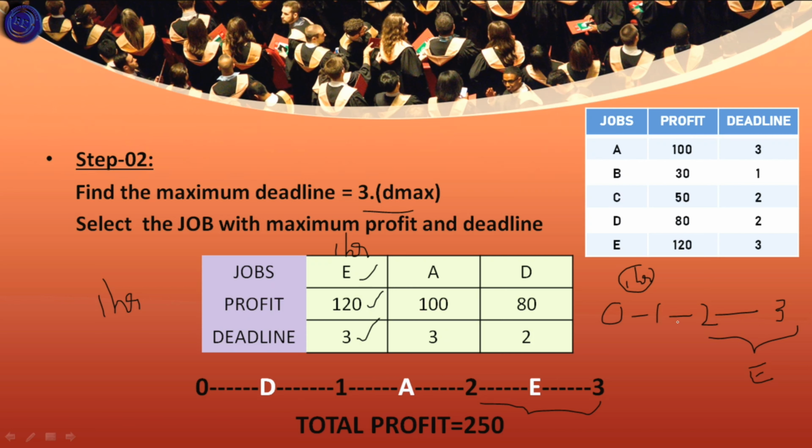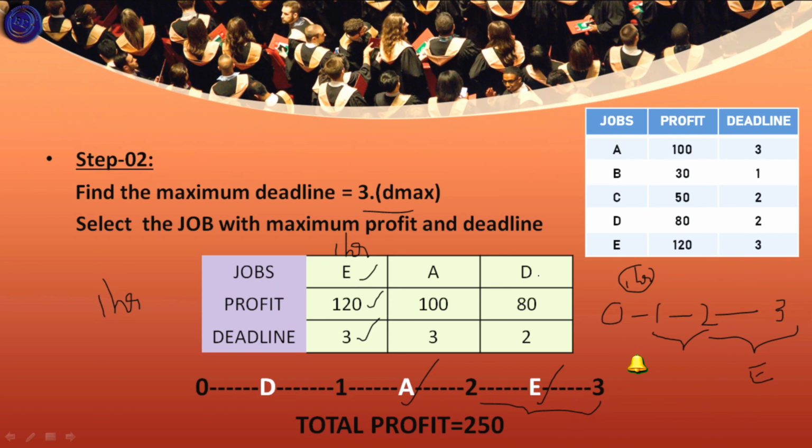I am going to arrange A between 1 and 2 because the time slot between 2 and 3 is already filled. So here I represented A, and from 2 to 3 I represented E.